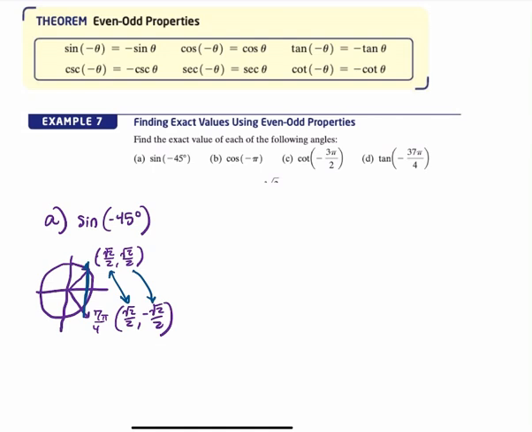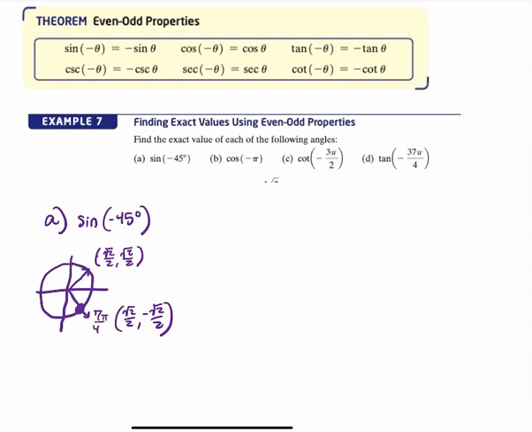So that's what they mean here by the sine of a negative angle. The sine of this negative 45 degrees is equal to the negative version of the sine of the positive angle. So the negative version of root 2 over 2, which is negative root 2 over 2. So in one sense, we can just think, oh, well, negative pi over 4, that's coterminal with 7 pi over 4. Let's just take the sine from that coordinate point. That's one way to solve this.